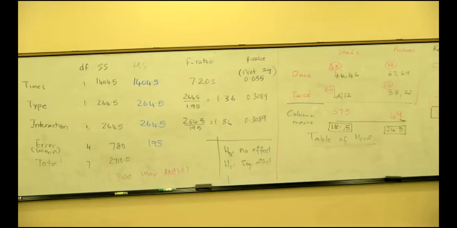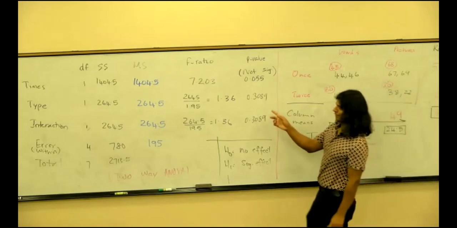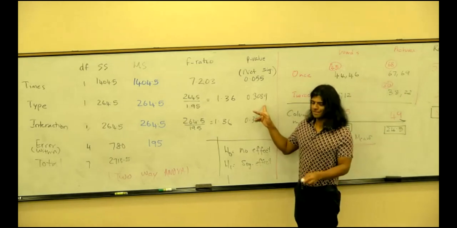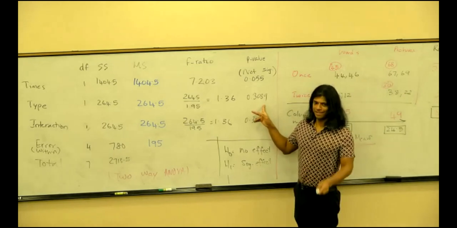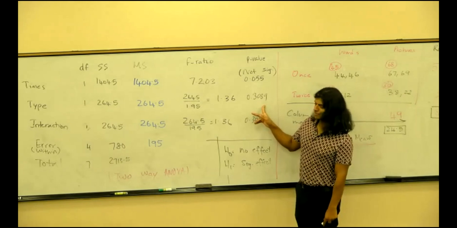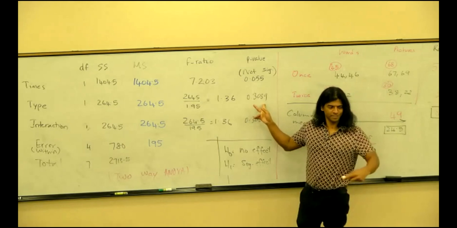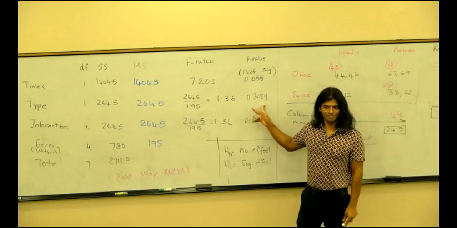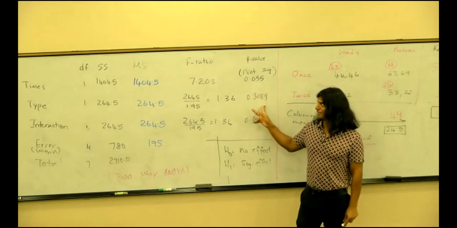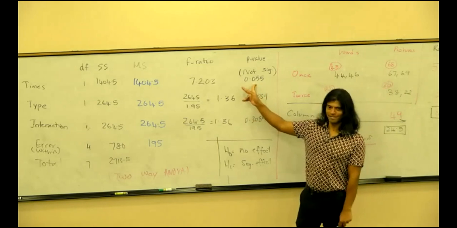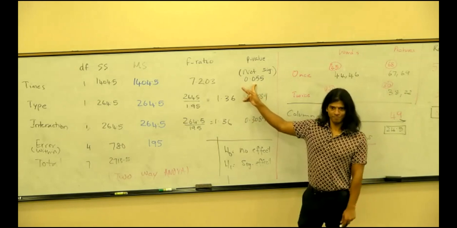Why is that? 0.3089. It's greater than 5%. If it is greater than 5%, do we reject the null? Yes. Why do we not do it there? It is greater than 5%.